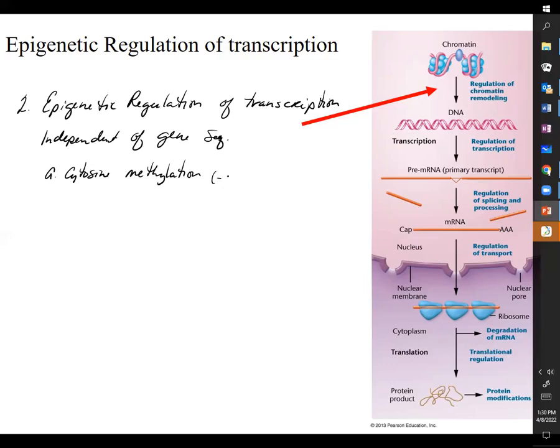Methylation, little CH3 group. So cytosine methylation is the addition of a methyl group to cytosine nucleotides in DNA. And specifically, it's a methyl group that gets added to carbon 5 of the cytosine base.